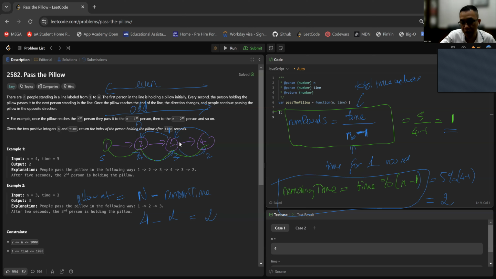If it is going from right to left, in the opposite direction, the equation is going to become the remaining time plus 1, right?